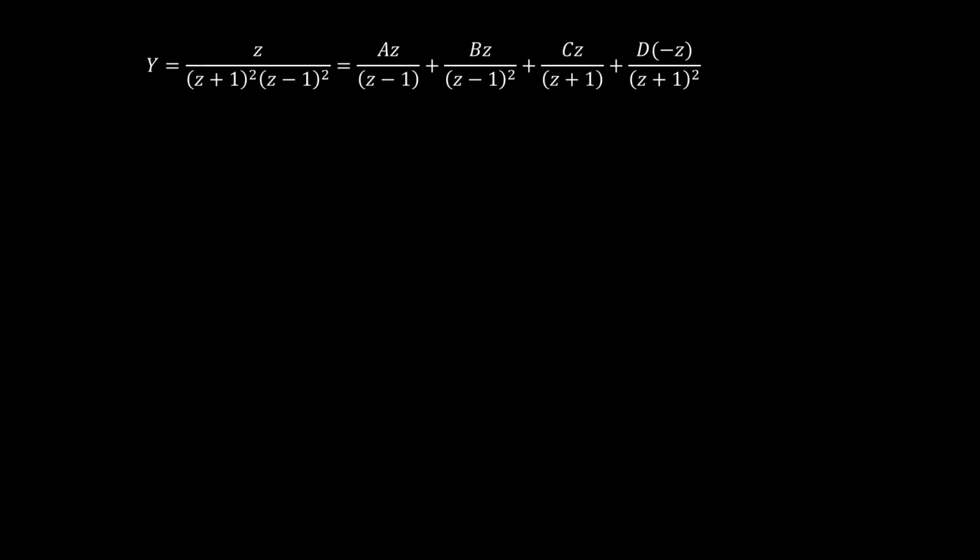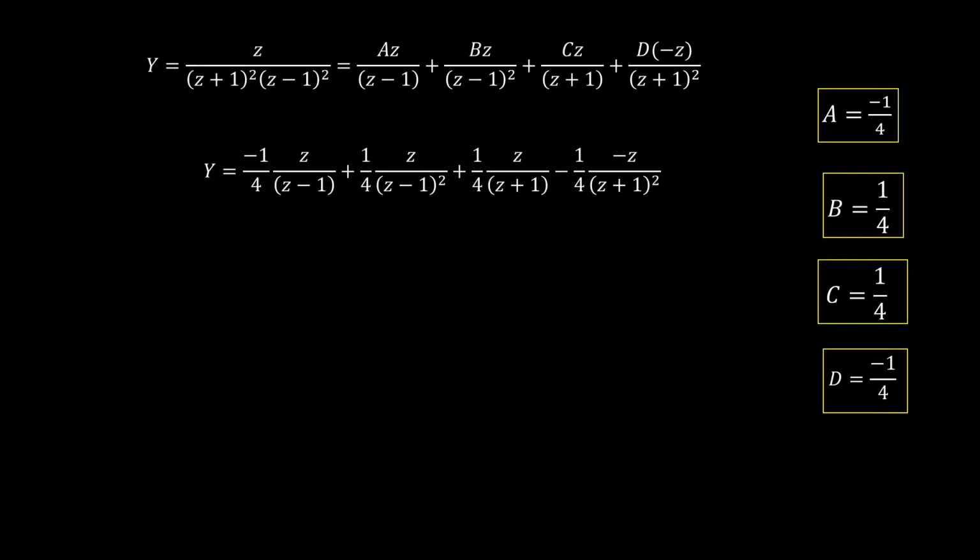Now by substituting a, b, c and d, we get Y = −1/4 · z/(z−1) + 1/4 · z/(z−1)² + 1/4 · z/(z+1) − 1/4 · (−z)/(z+1)². But yₙ can be obtained by taking the inverse Z transform.